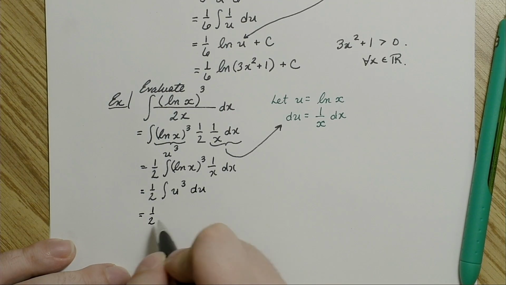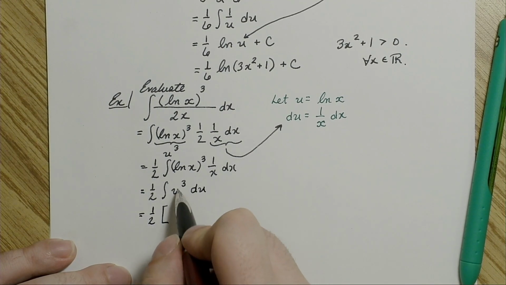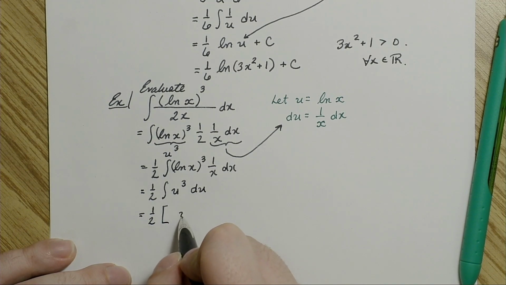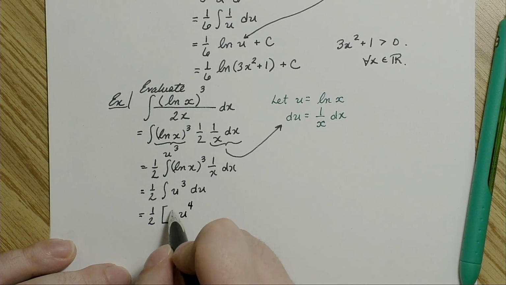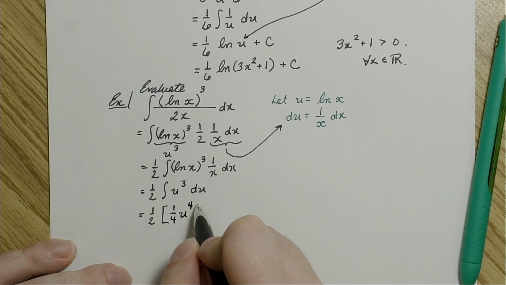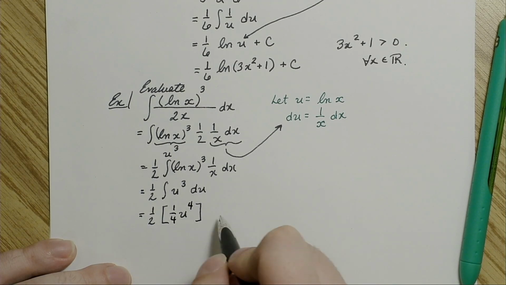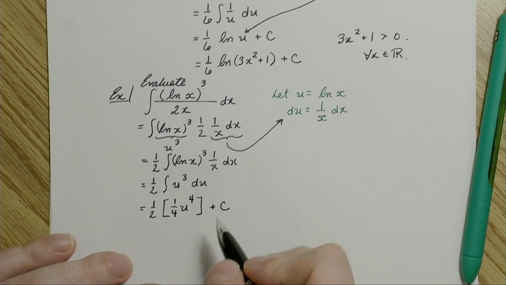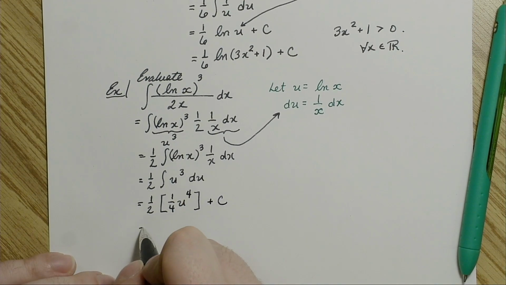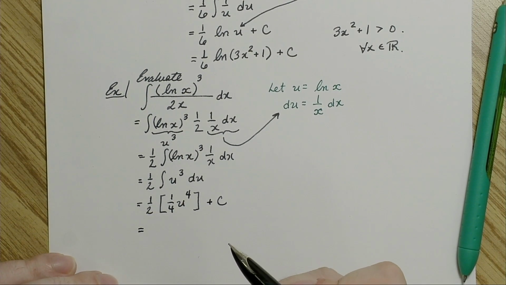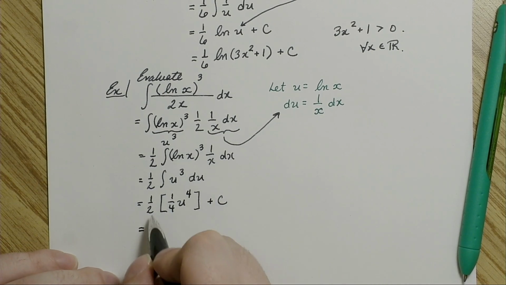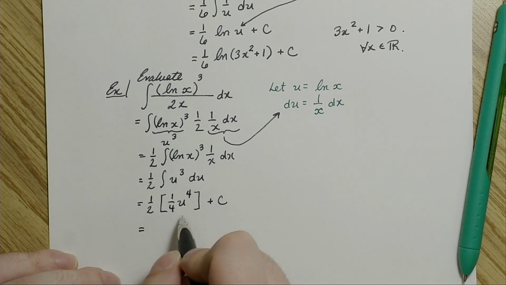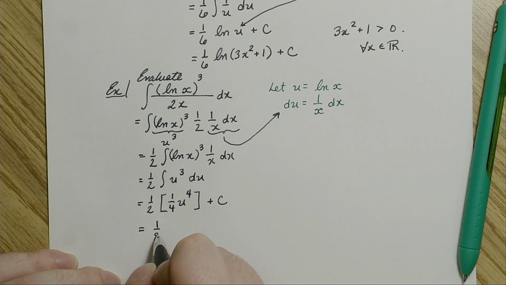So I got the 1/2. And now I integrate this, so the power goes up by 1, and that also goes down into the denominator, plus c. So I have 2 times 4, that's 8, u to the 4th, plus c.